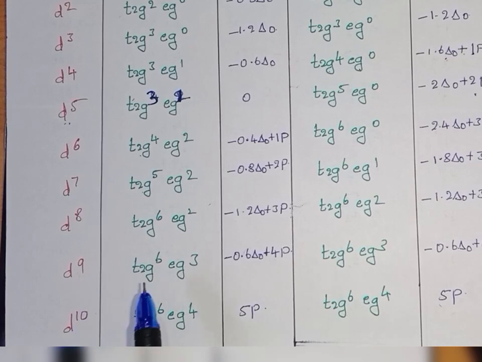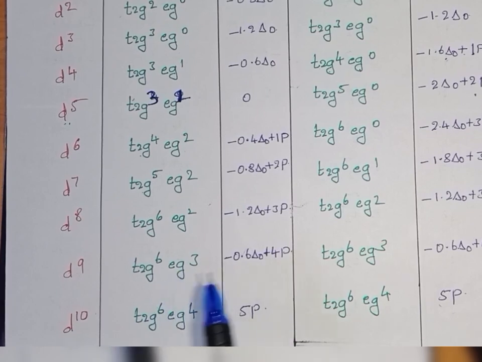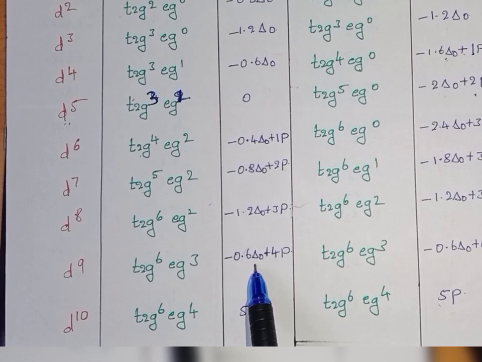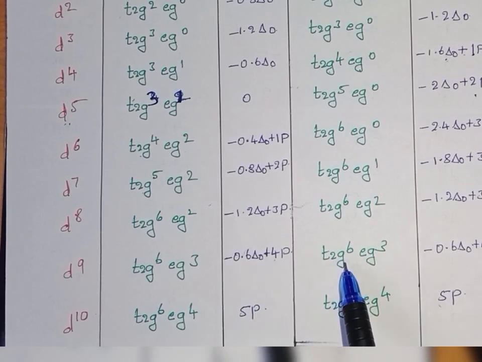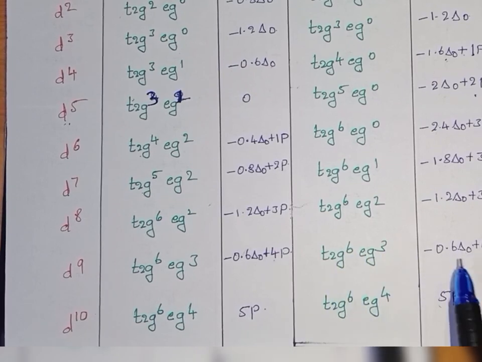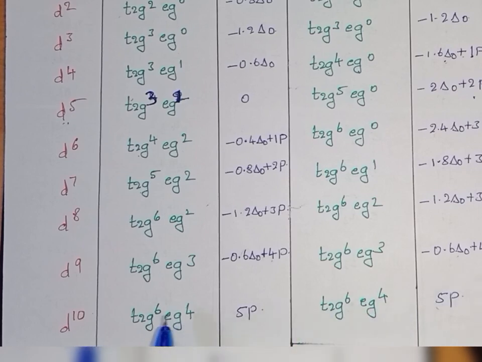For the d9 system, the configuration for weak field is t2g6 eg3, and the CFSE is minus 0.6 Δo plus 4 electron pairs. For strong field also, the configuration is t2g6 eg3, and the CFSE is minus 0.6 Δo plus 4 electron pairs.